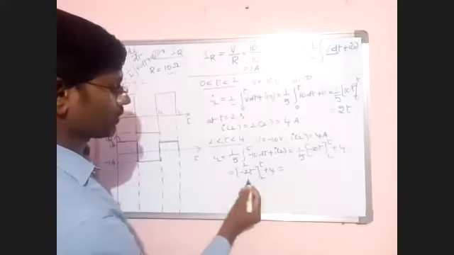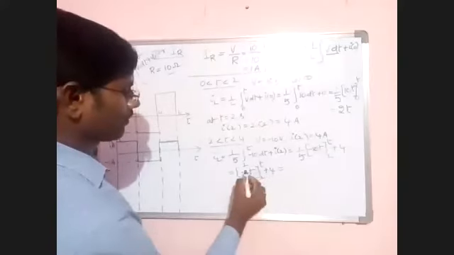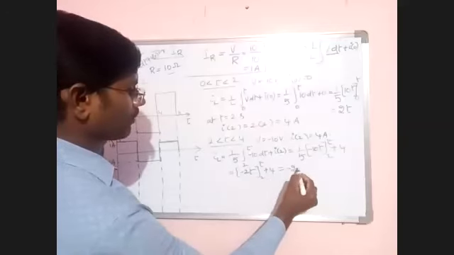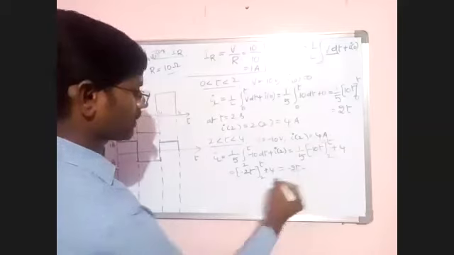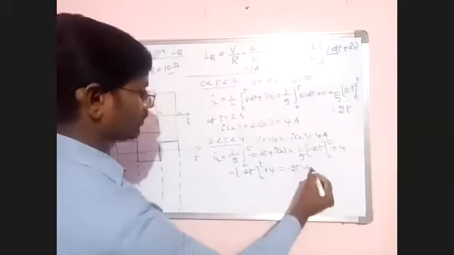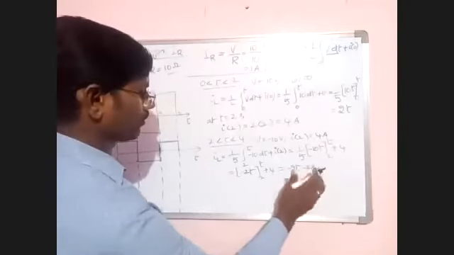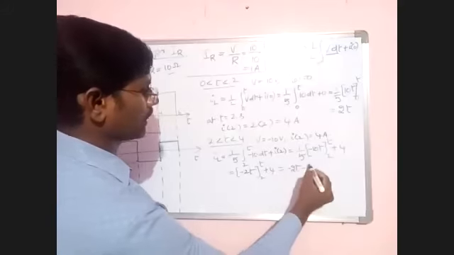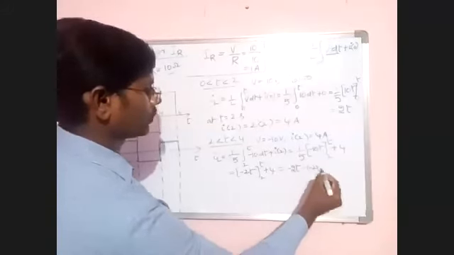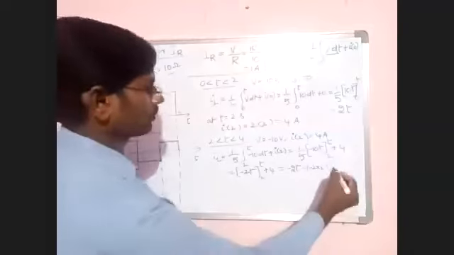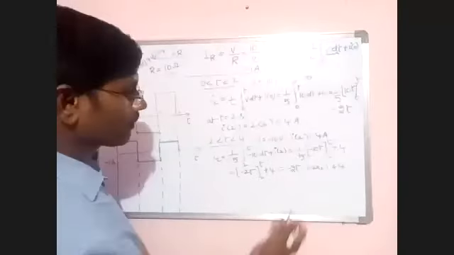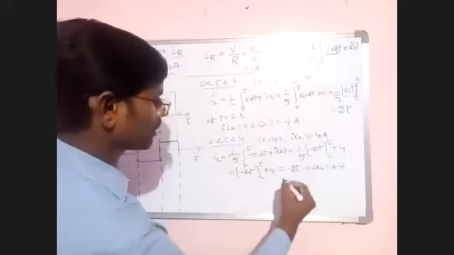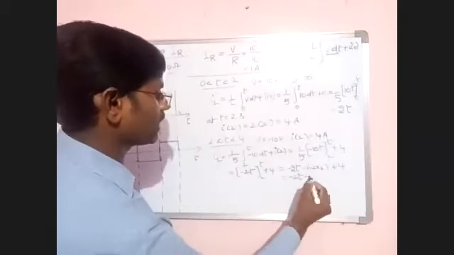This will give minus 2t, minus of minus 2 into 2, plus 4. So this will give minus 2t plus 8.